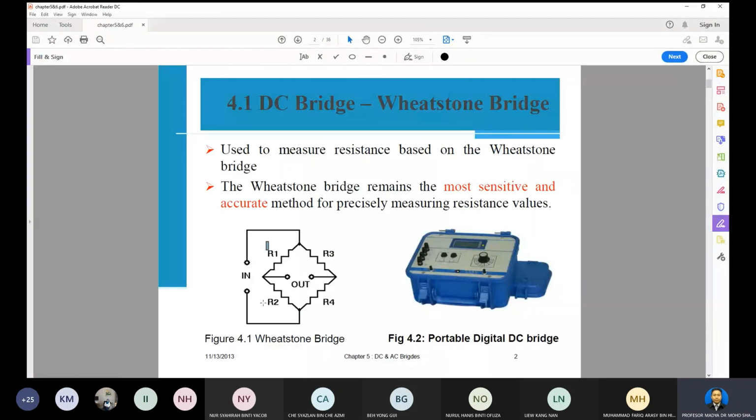So when you derive, please make sure of the position of the R. Some books refer to this R3 as R2, and the example refers to this one as R2. That's why when you derive, you have to know the position of the resistor.